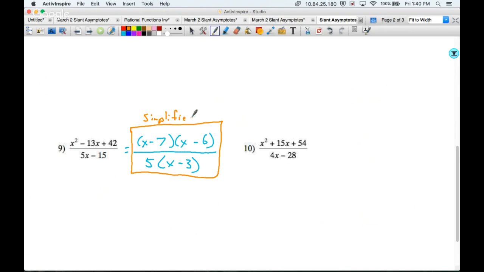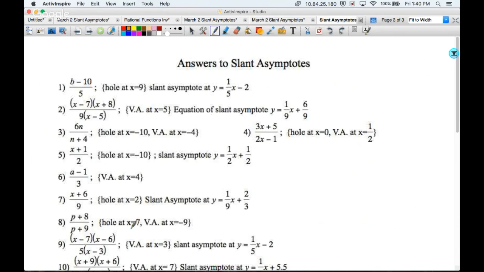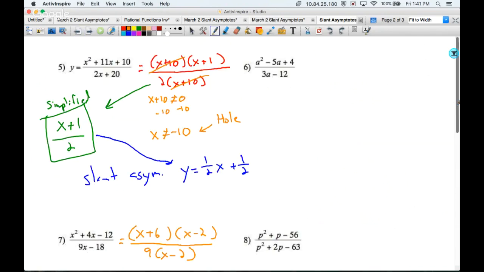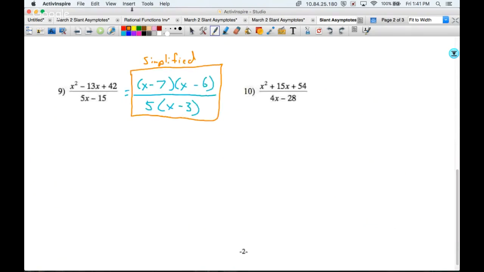Because nothing cancels, we have no other options to simplify it. Yeah, they just leave it like that in the answer key. But we can still get the equation of the slant asymptote by doing long division with the polynomials. So here's our refresher in this video on how to do long division with polynomials.